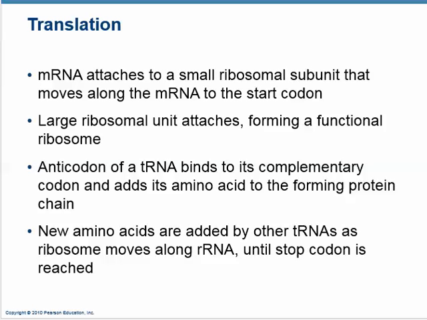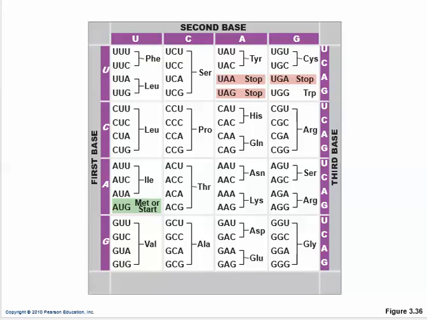So the anticodon on the transfer RNA, say it's carrying alanine here, and the codon is GCA. The piece of transfer RNA that's carrying the alanine will be CGU.